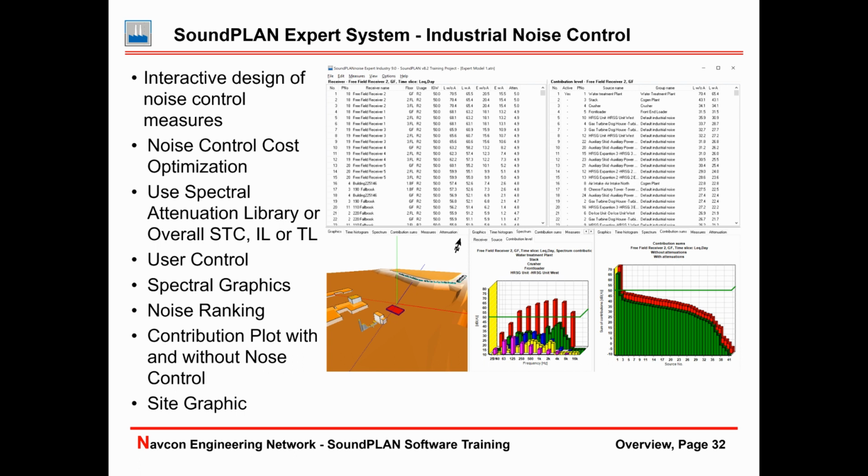And then here are different ways of visualizing the incremental contribution of each of the sources. And then here we can see which of the sources have basically put the predicted levels over the limit. And then, of course, we can start mitigating those sources first and basically optimize the noise control with that.